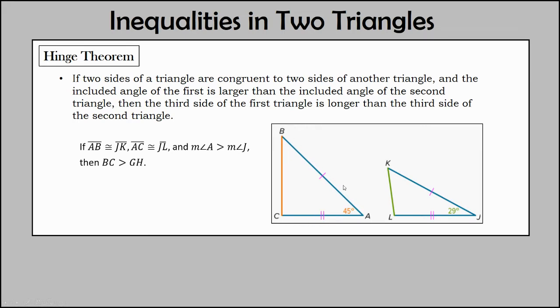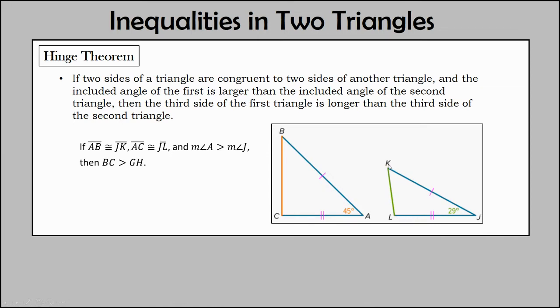This triangle has a hinge created by the same length sides. Okay, so the hinge is made up of the same length sides. Because this hinge is open wider, the degree is bigger, then the side across from it is larger than the side across from this 29-degree angle.